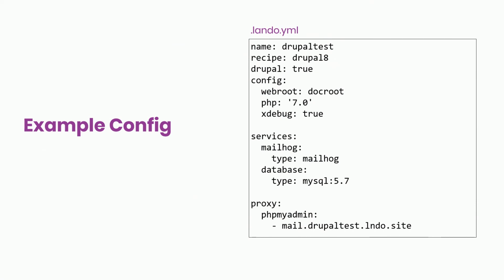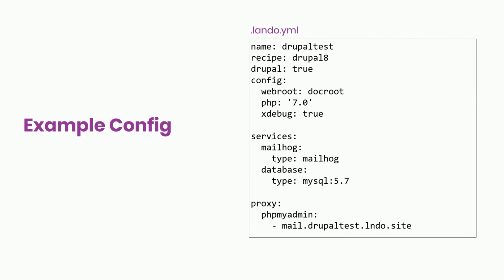Also in this, that's kind of confusing. So proxy, I can say, all right, I want to customize that. Actually, should say mailhog, not phpmyadmin, but let's say I want to be able to access my mailhog tool.